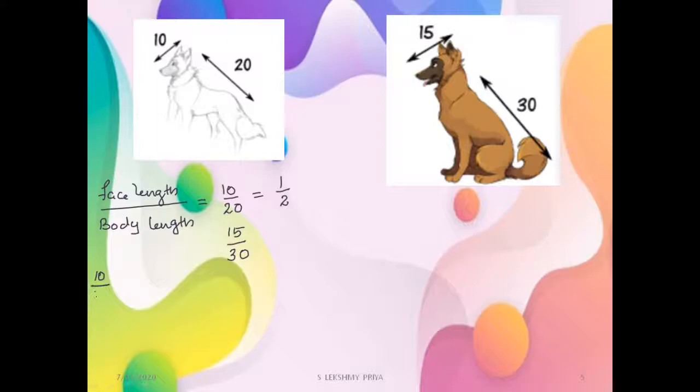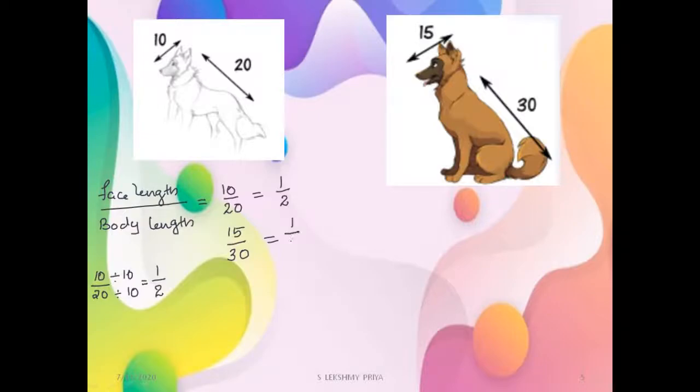10 upon 20. The greatest common factor is 10. We are going to divide both the numerator and the denominator using 10. So you will get 1 upon 2. What about 15 upon 30? Here also the greatest common factor between numerator and the denominator is 15, and we can divide both sides using 15.